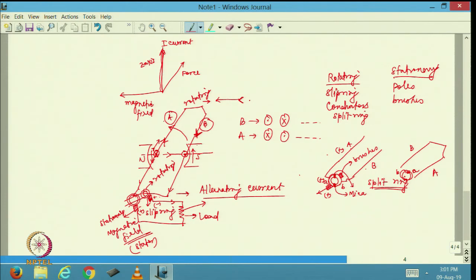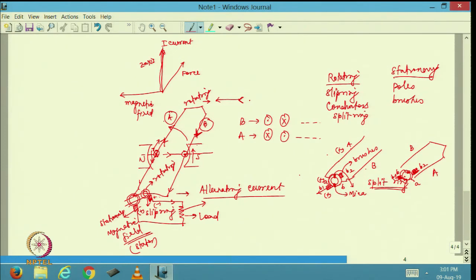Now, this brush, let me call this B1 and this B2, but B1 would still remain here. That would not have changed its position, and similarly B2 is still remaining here. So, this is split ring A now, which is connected to B2. Previously, B was connected to B2 and A was connected to B1. Now, B is connected to B1 and A is connected to B2.